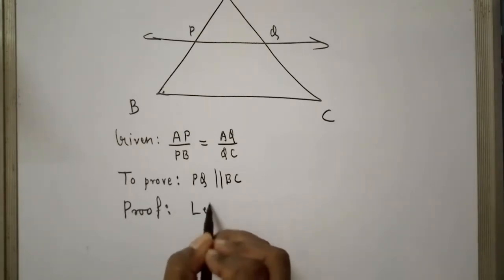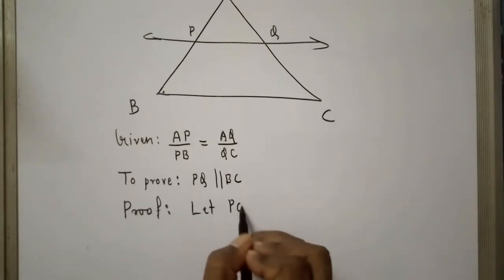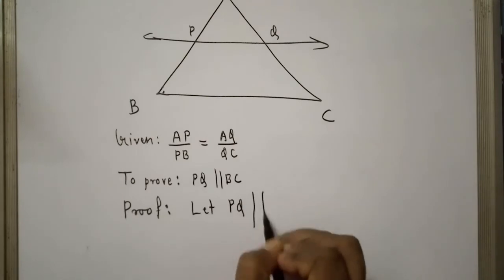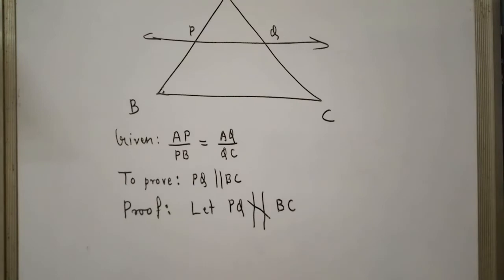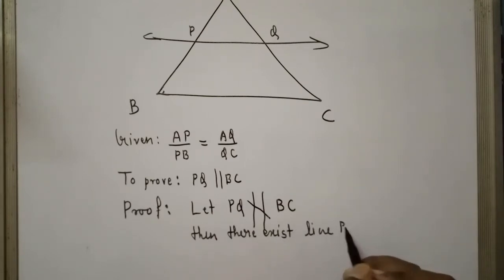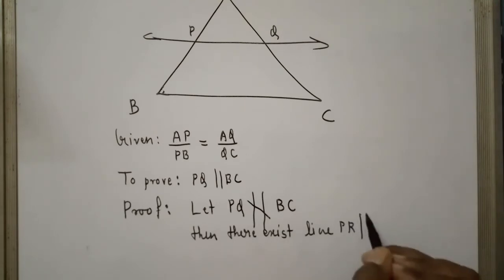Let PQ be not parallel to BC. If PQ is not parallel to BC, then there exists a line PR parallel to BC.